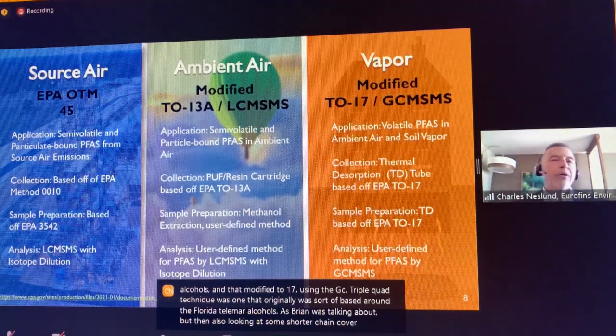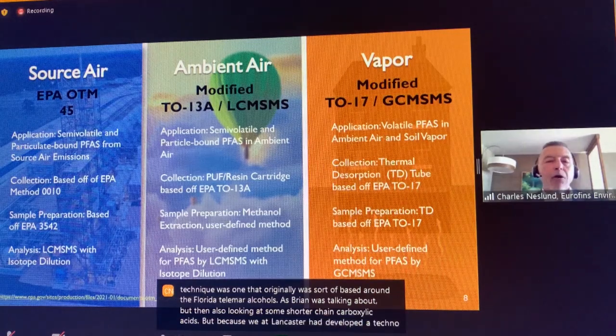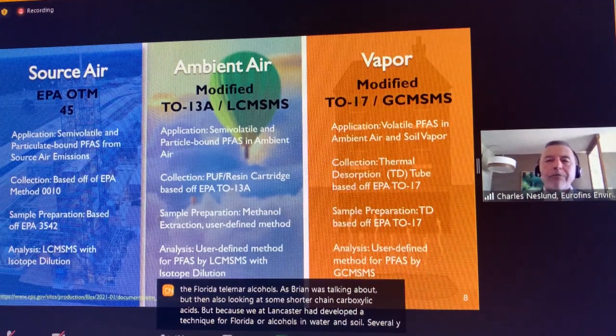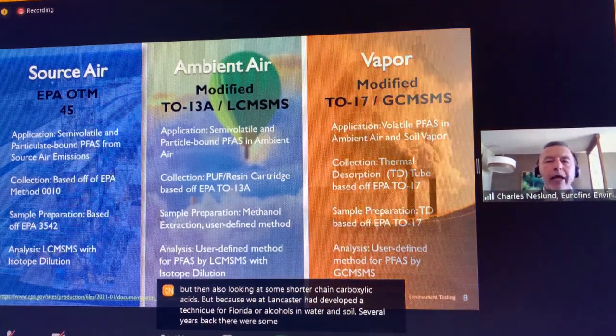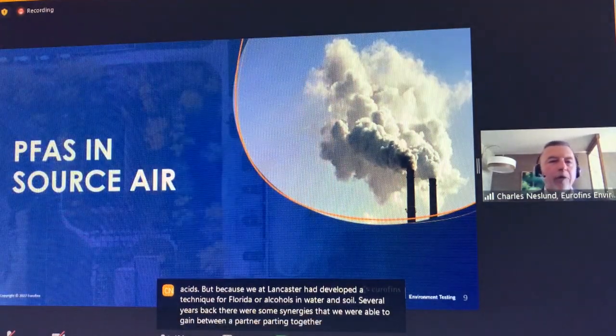But because we at Lancaster had developed a technique for fluorotelomer alcohols in water and soil several years back, there were some synergies that we were able to gain between partnering together for their setup of that technique.